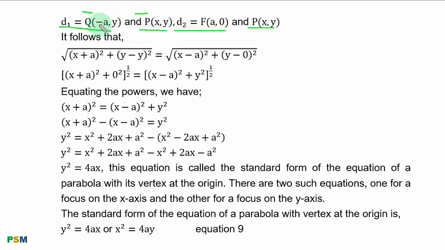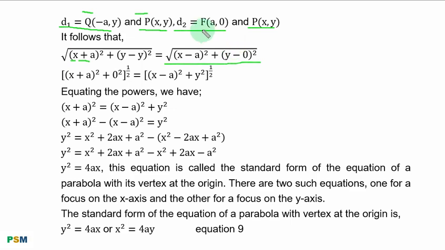You have x1, then y1. So we have x2 minus x1, that is minus a, plus a in bracket square, plus you have y2 minus y1 in bracket square, equal to this result.